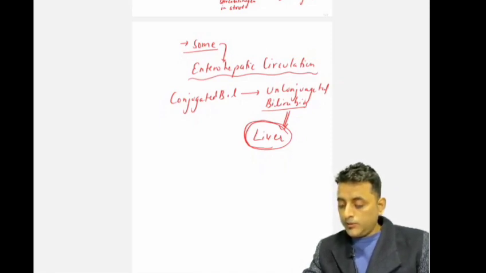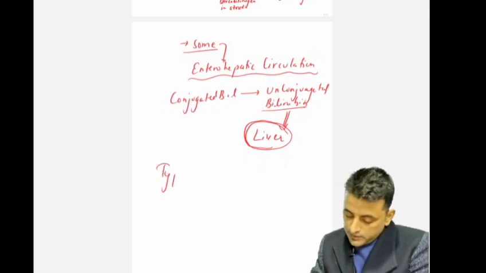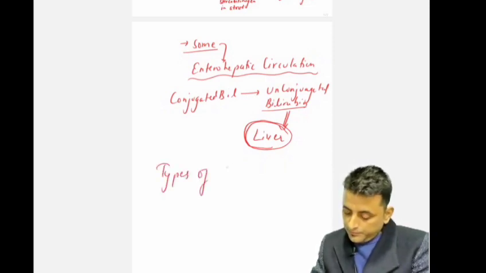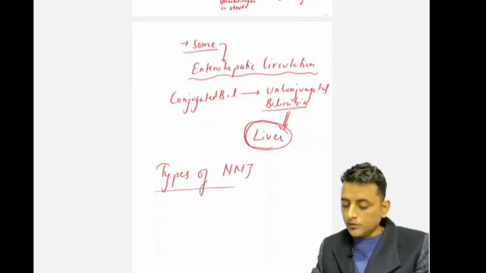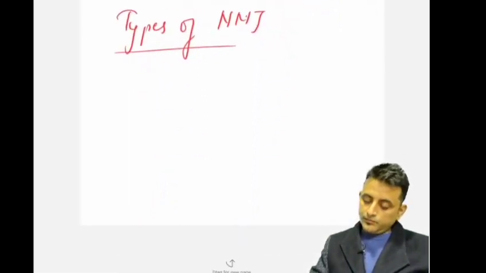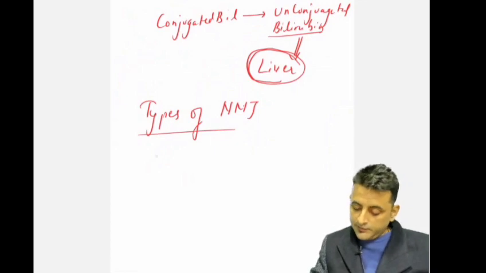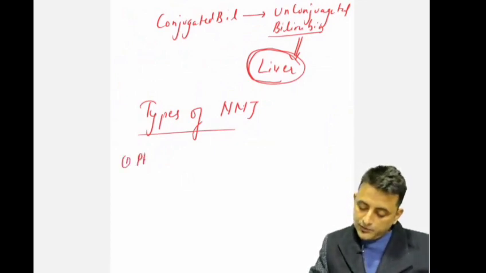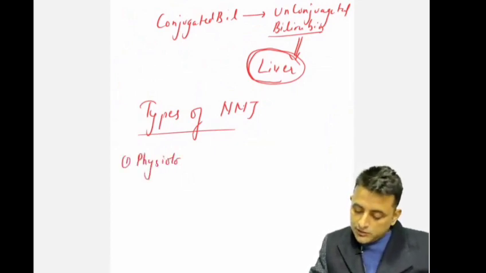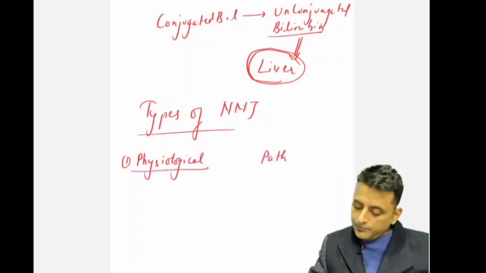Now with that, let's move to the types of neonatal jaundice. All of you know there are two types of jaundice, right? One is physiological jaundice, the other one is pathological jaundice.